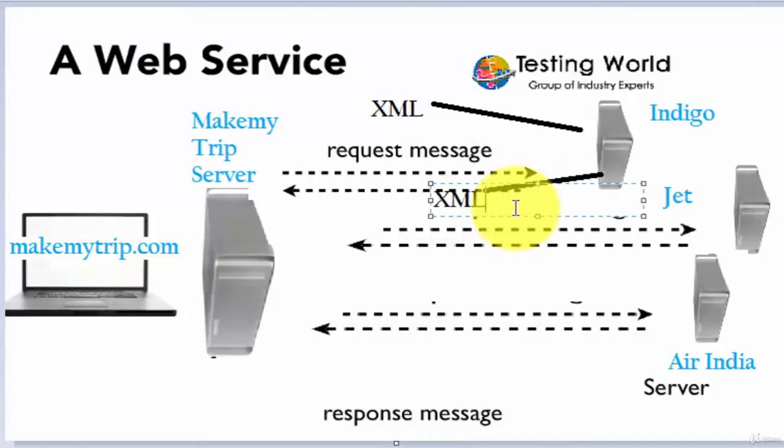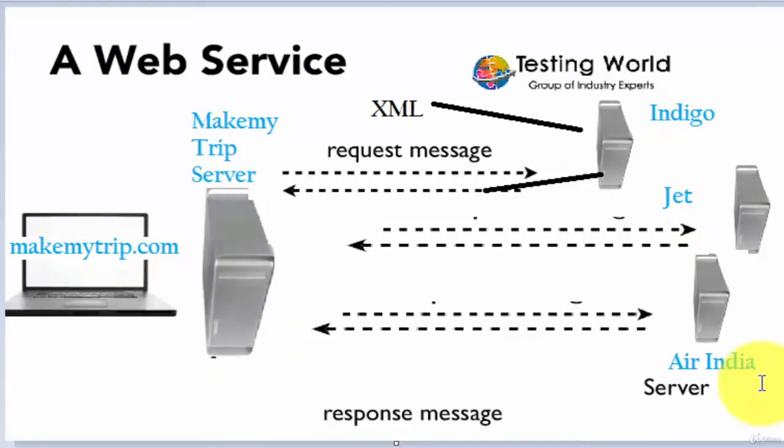We need not go for any direct integration. We are just doing the task by following the data exchange. So it's a very easy and fast integration between two or more applications. And here if you notice, we are doing the integration of two or more than two applications: Make My Trip with Indigo, with Jet, with Air India.